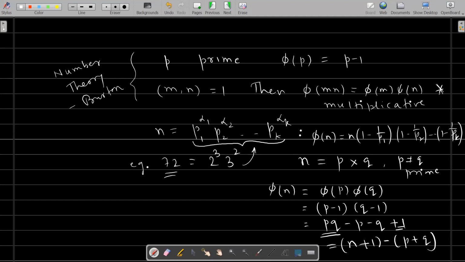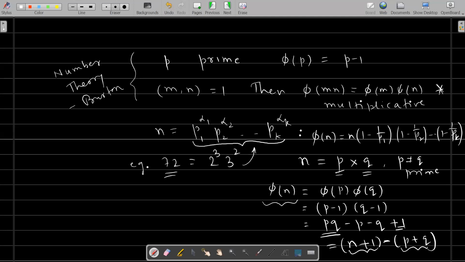That's a very long, tedious process, which will take about 1 or 2 months. So phi of n has a nice formula. In this case, it is n plus 1 minus p plus q. Provided I know those p and q, I'll know phi. It's simple addition and subtraction: n plus 1 minus p plus q.